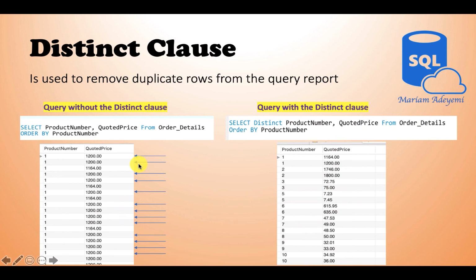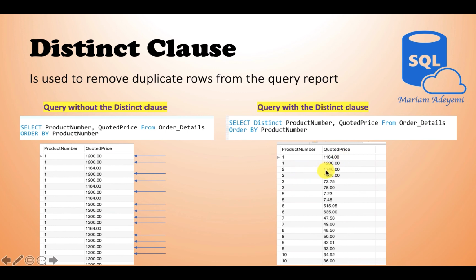Now, we have another query that uses the distinct clause. If you look at it, we have select distinct product number, quoted price, just as we have here. And then it removed all the duplicates. Yes, you can see one in the product number, but the quoted price is not the same. If you see one in the second one, the quoted price is not the same.